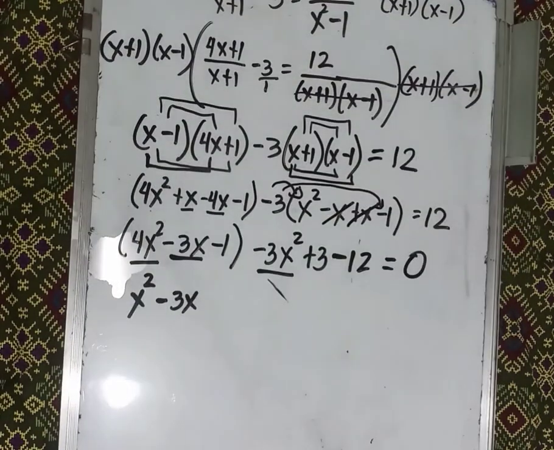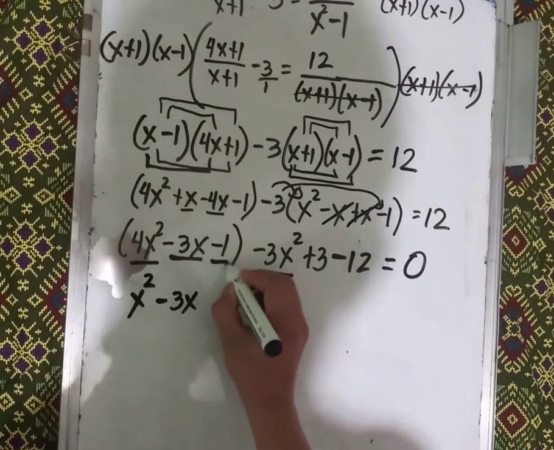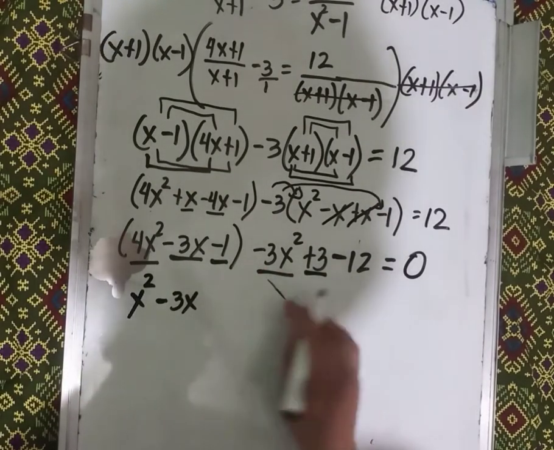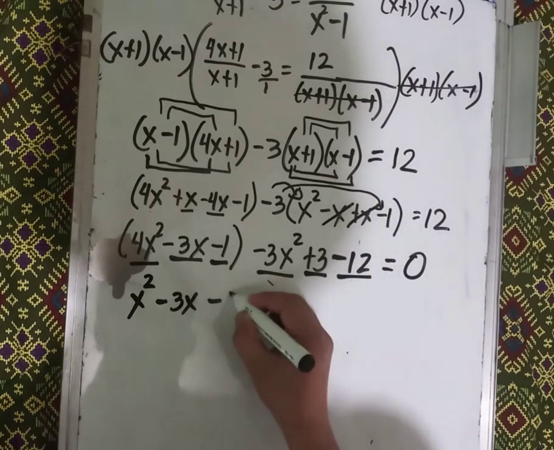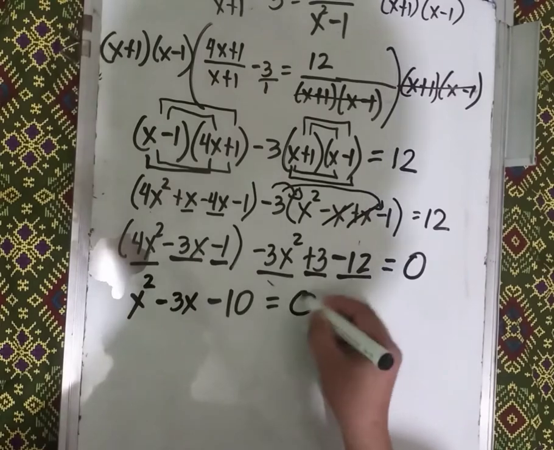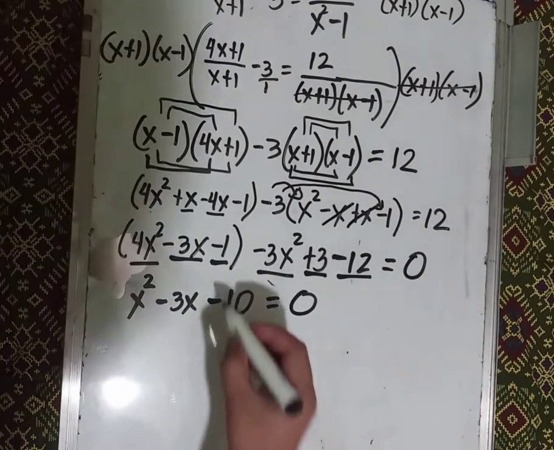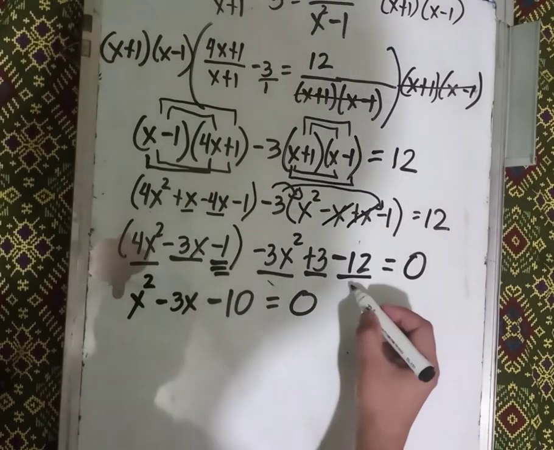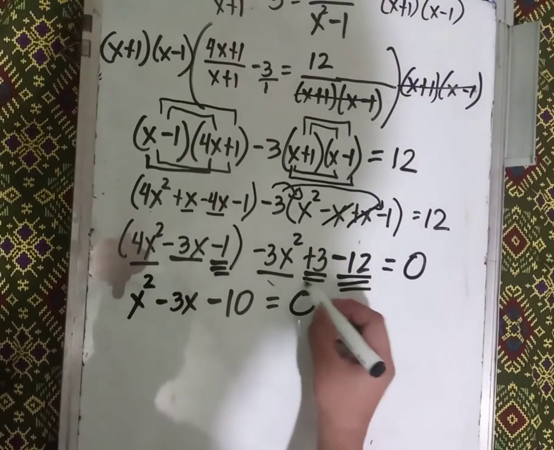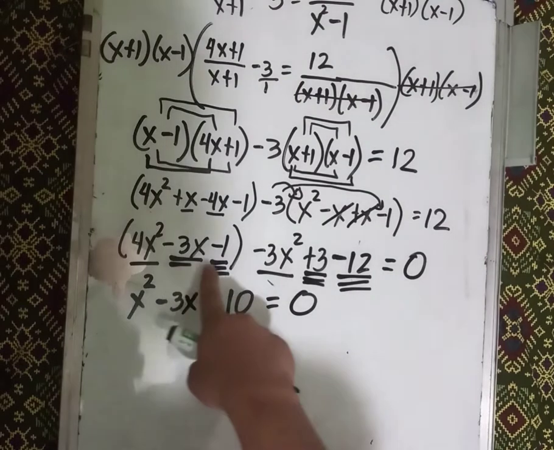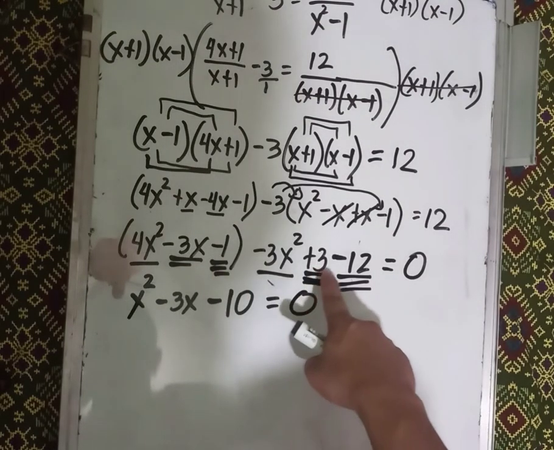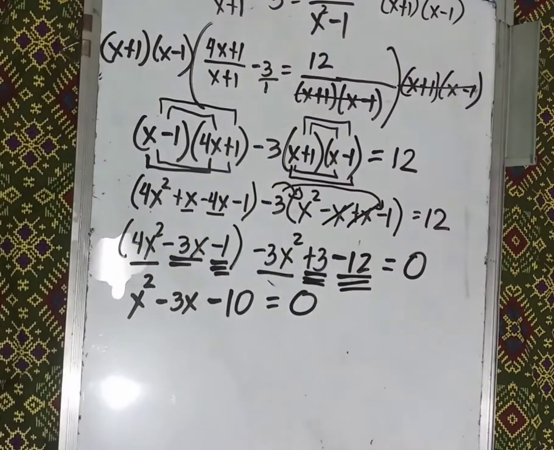Next, negative 1 plus 3, that is positive 2, minus 12, that is negative 10, equals 0. Ito, like terms. Negative 1 plus 3 minus 12, that is negative 10. Next, what are the values of x?